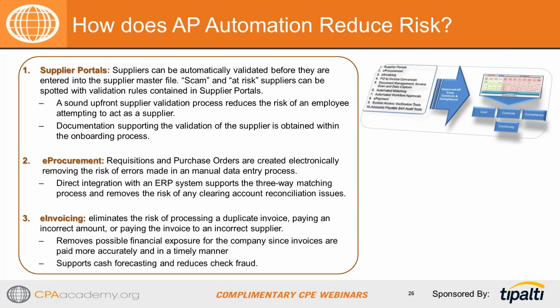But what I call an intelligent supplier portal is where suppliers can be automatically validated before they're entered into the supplier master file, and any of those scam and at-risk suppliers can be spotted with validation rules. So what we're avoiding are those scam suppliers, and certainly the risk of an employee attempting to act as a supplier, which I actually found at a client.